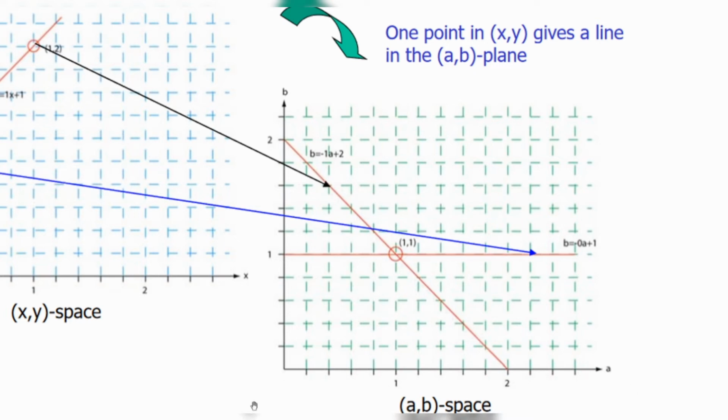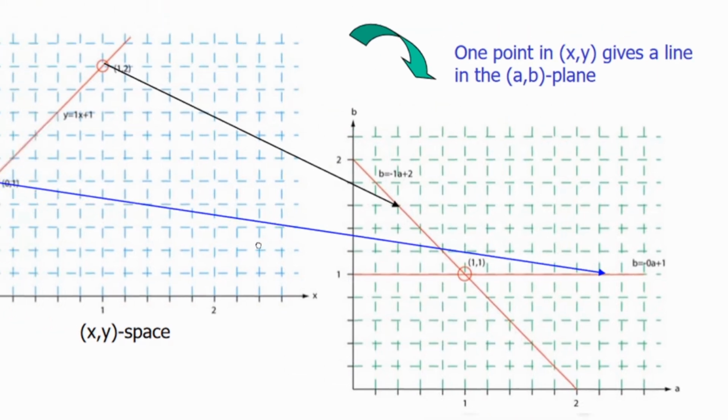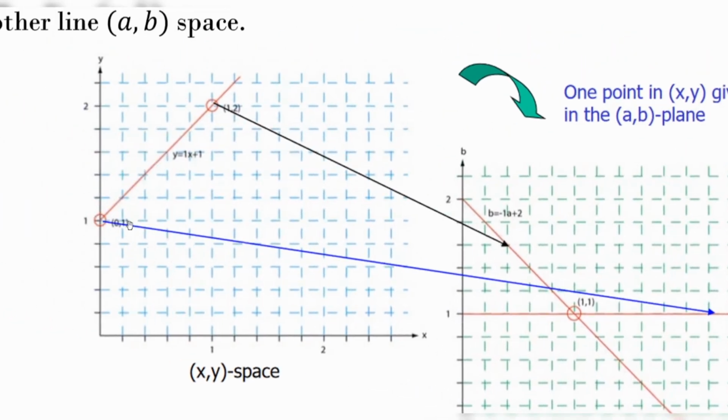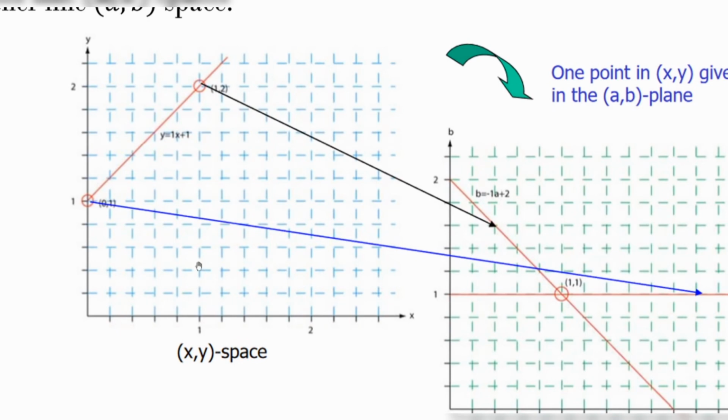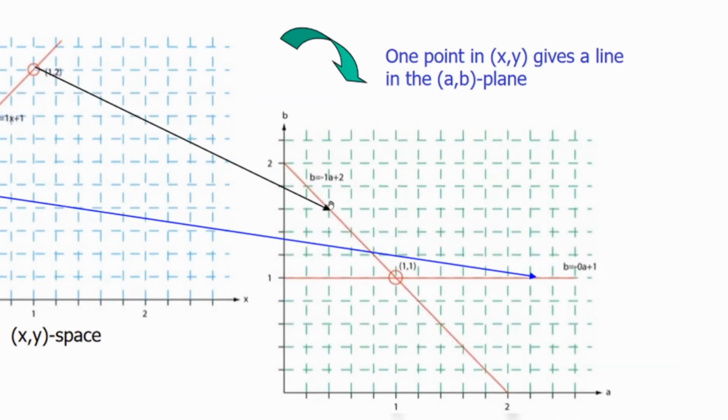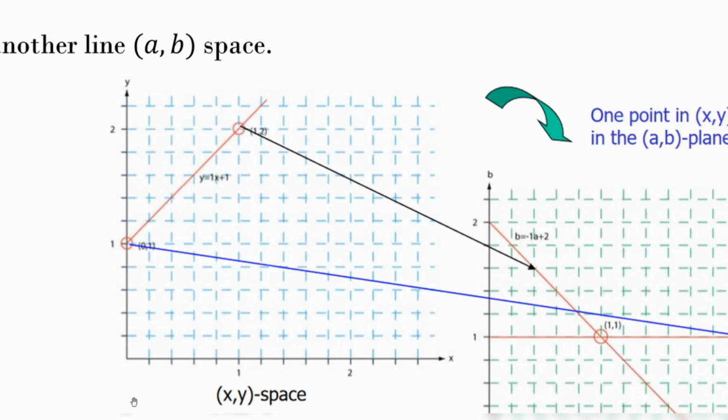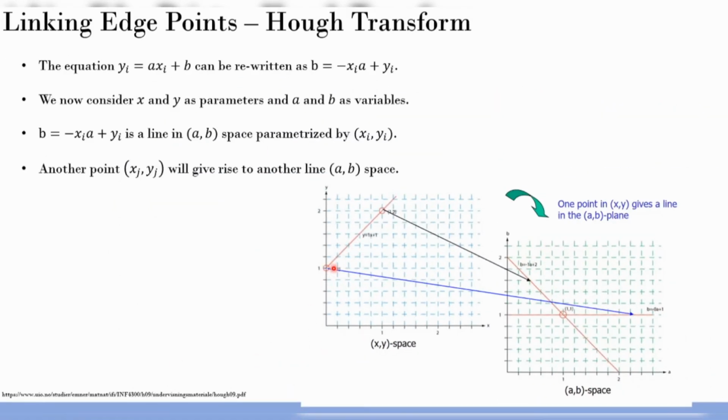If I consider this point 0, 1, that is a point in the x, y space. So let me zoom out now. For this particular point 0, 1, my x and y are fixed: x is equal to 0, y equal to 1. If I vary a and b, what I get is this particular straight line.